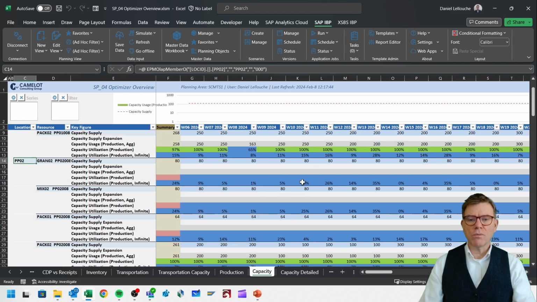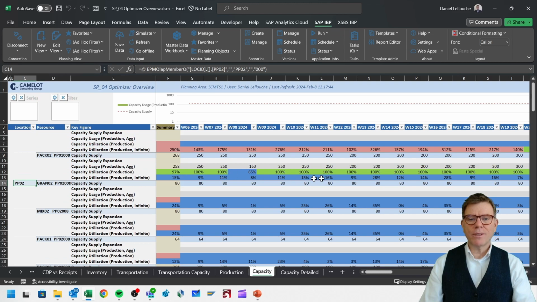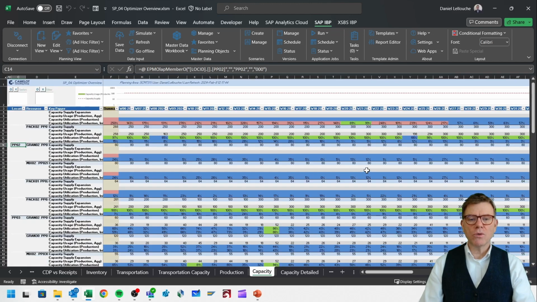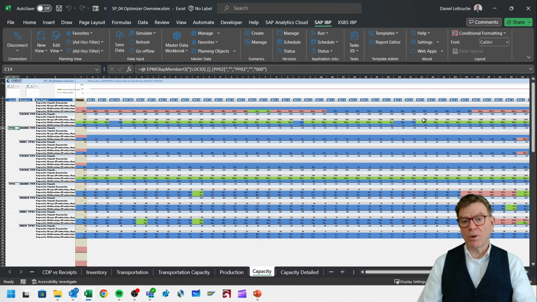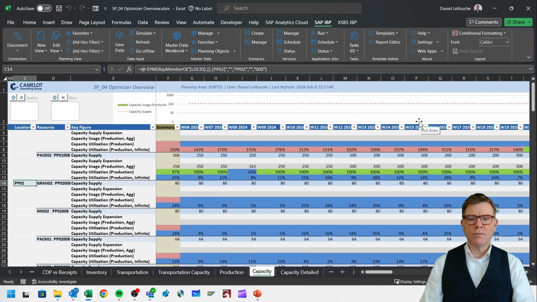So you see factory balancing, asset utilization has been maximized to reach a 100% level as much as possible. If we zoom out, we see that it's mostly green everywhere, meaning that apparently the optimizer has done a good job. That illustrates, quickly, I admit, the optimizer capabilities versus a standard heuristic scenario.